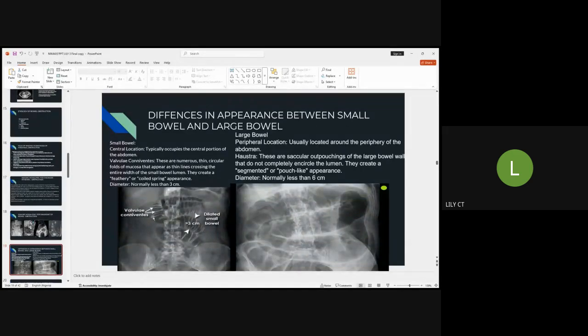They create a coiled spring appearance, while the large bowel has haustral markings, which are almost similar to the valvulae conniventes, but the difference is they do not completely encircle the lumen. They create a segmented or pouch-like appearance. The diameter of the small bowel is normally less than 3 cm, and that of the large bowel is normally less than 6 cm.